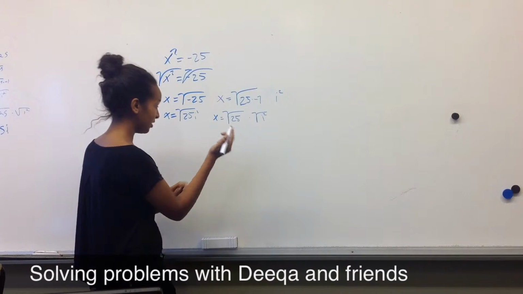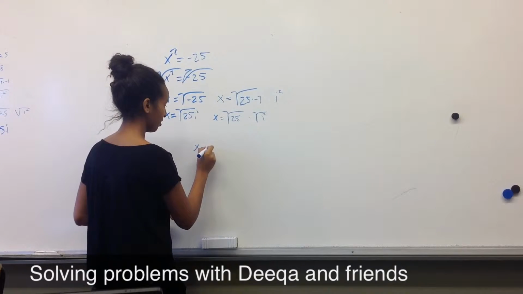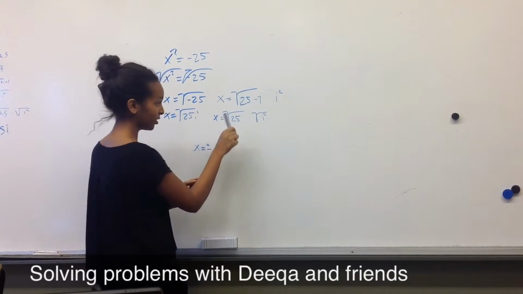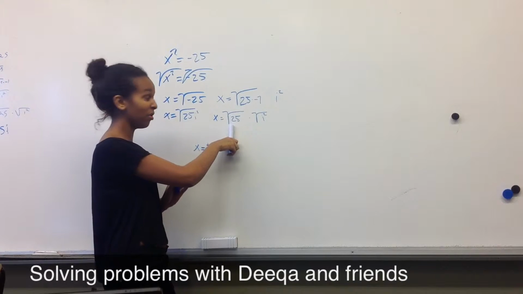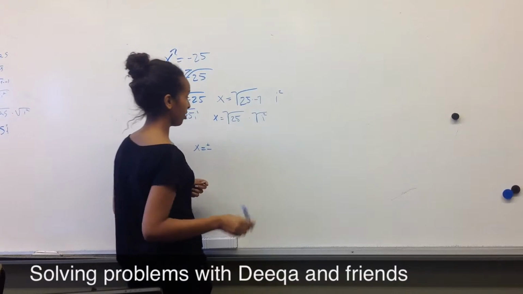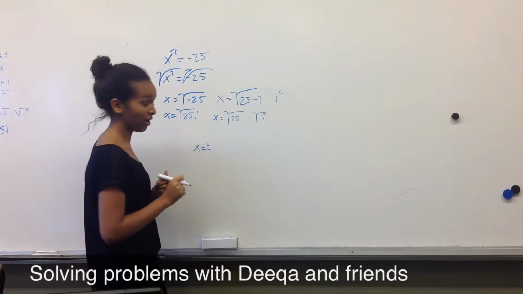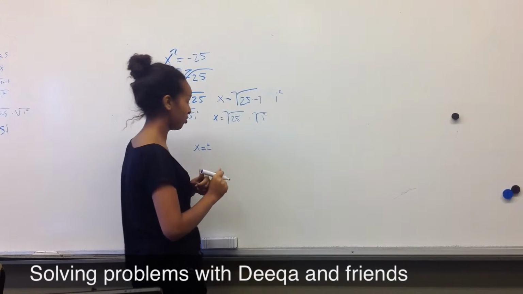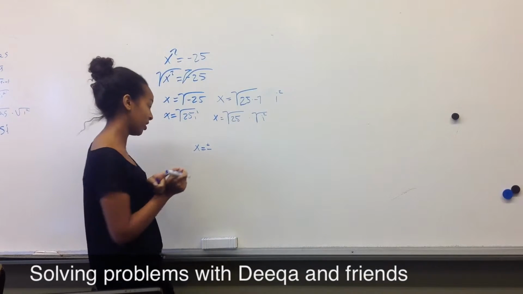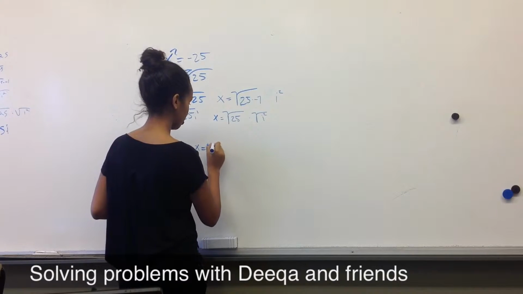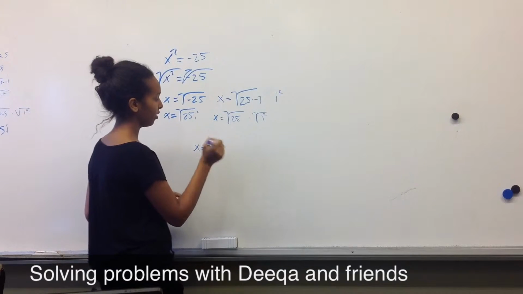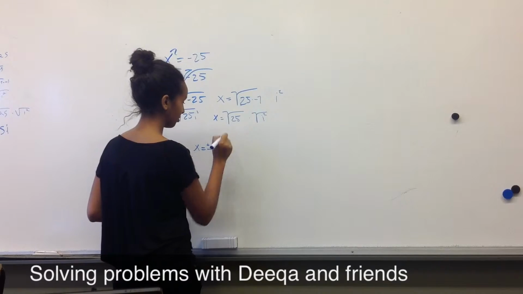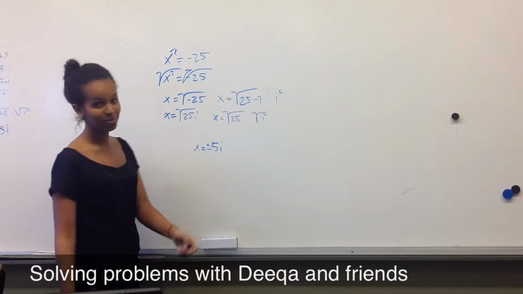And the answer will be plus minus, since we took the square root of 25, we're going to have a 5, that's plus minus, because you don't know, you can get two answers, a positive and a negative, which will lead to plus minus 5, and then times i. And this will be our answer.